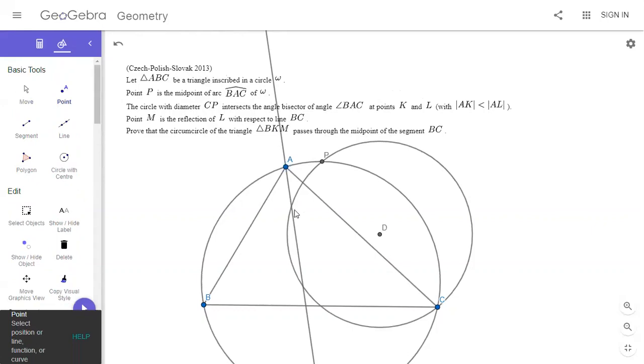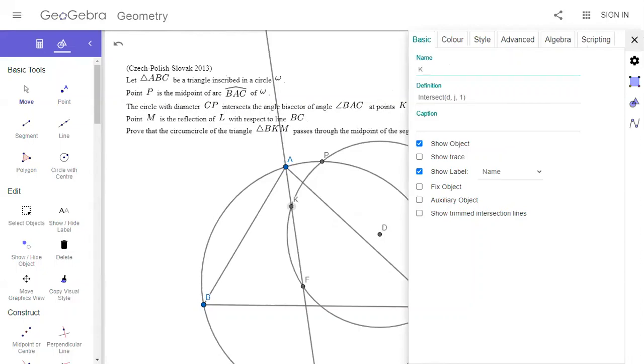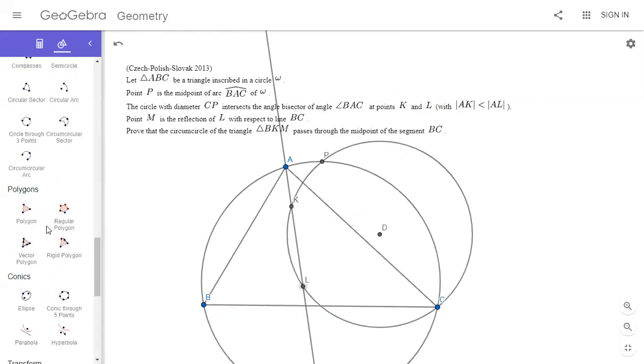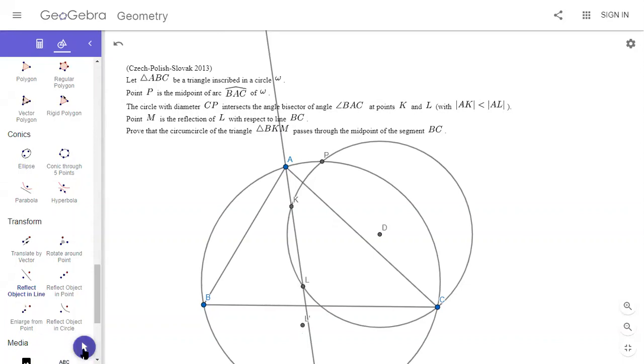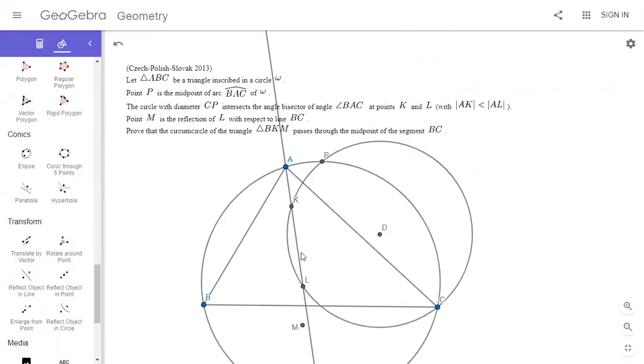It intersects at K and L, where K is closer to A. So this is K, and this is L. M is the reflection of L with respect to BC, and we want to show the circumcircle of BKM passes through the midpoint of BC.